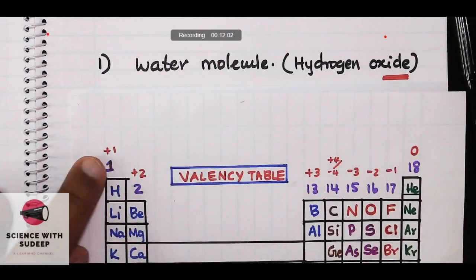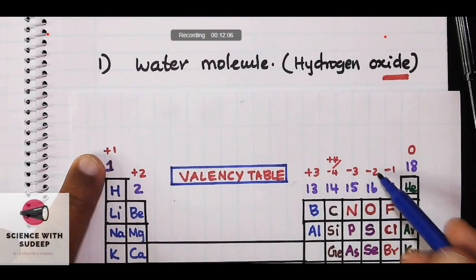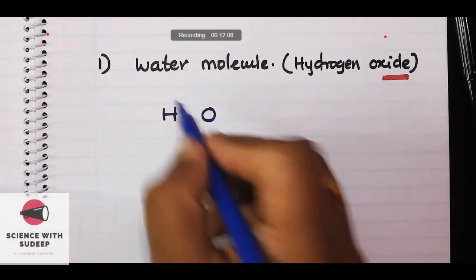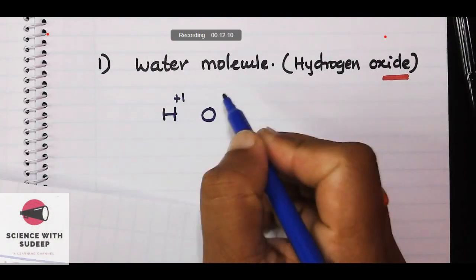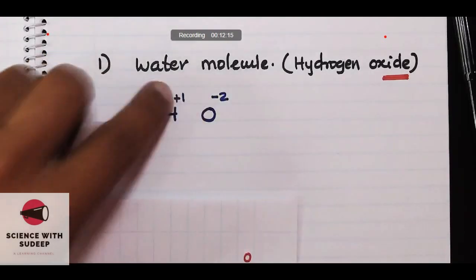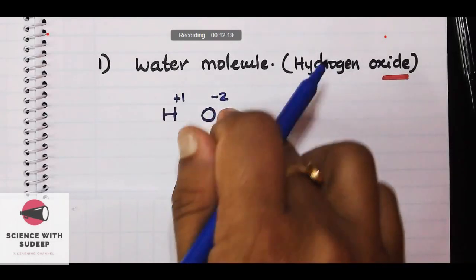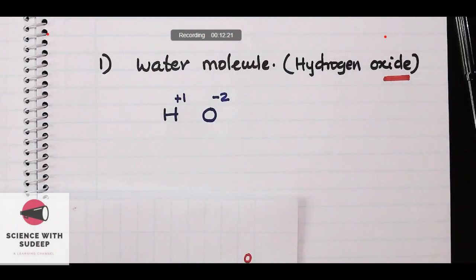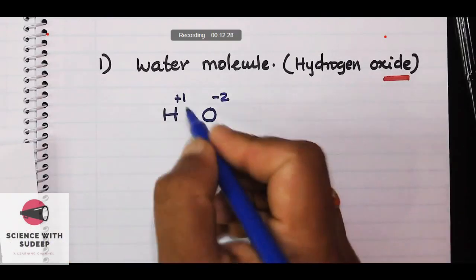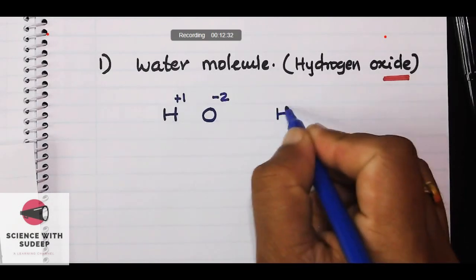Hydrogen's valence is +1. Oxygen is in group number 16, its valence is -2. So I write +1 for hydrogen and -2 for oxygen. This positive and negative is for electron affinity. -2 means these elements like to gain electrons, and they are non-metals. When you write the chemical formula, you write hydrogen like this.